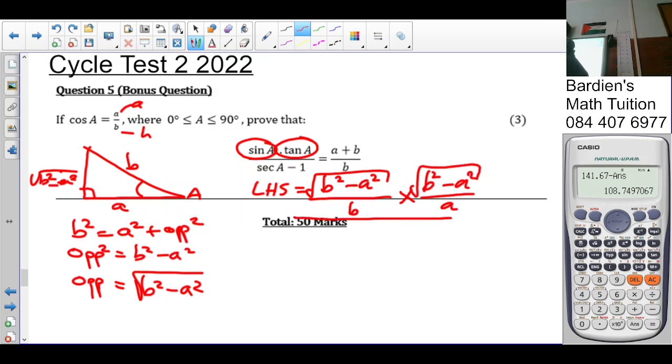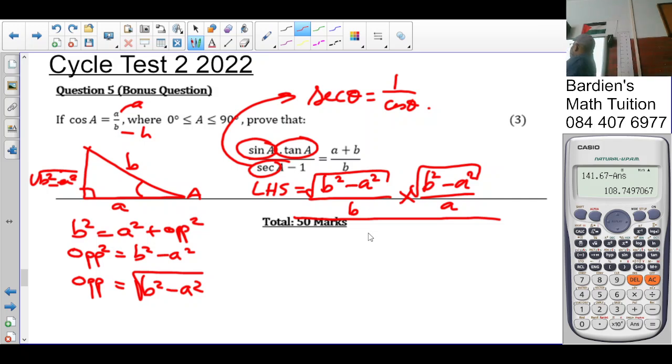And that is over, let's say, okay, now, where do we get sec from? Sec is 1 over cos. You guys know all of these things. So if sec is 1 over cos, and cos is adjacent over hypotenuse, then sec is hypotenuse over adjacent.